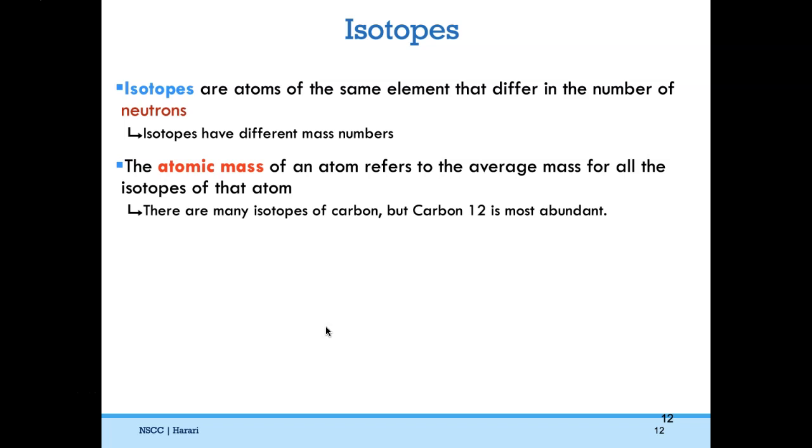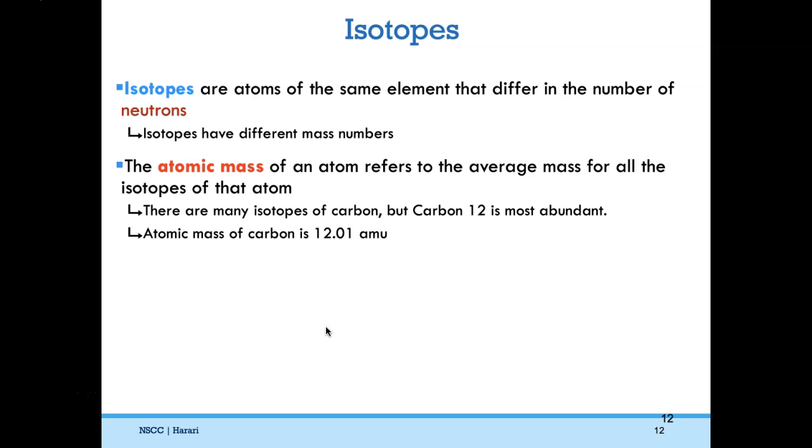Since carbon 12 is the most abundant, the atomic mass takes that into consideration, and it averages out all the different masses of the isotopes of a certain atom. So it takes into account all the carbon 12, all the carbon 13, all the carbon 14, etc., and averages it out, and the atomic mass of carbon is 12.01 atomic mass units.